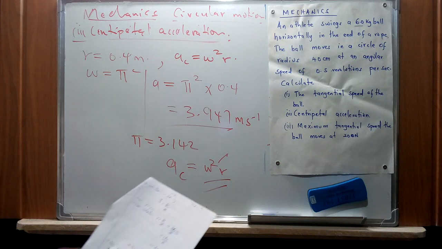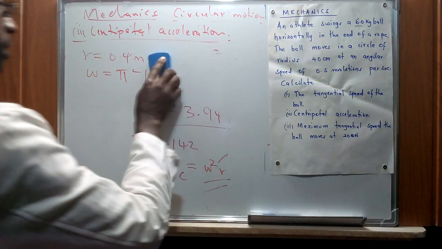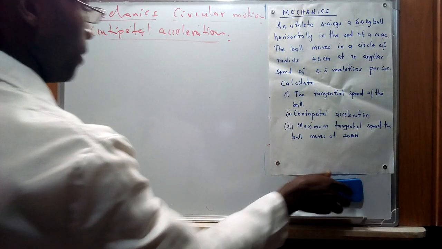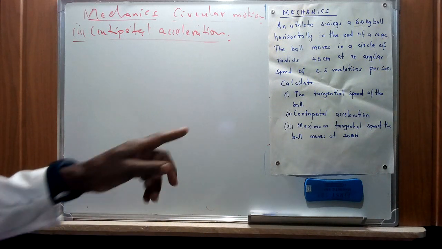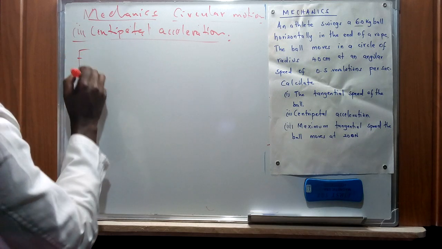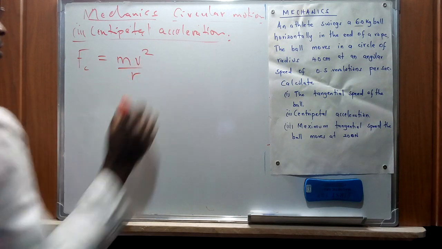Now for the last one, we're going to, of course, use also the concept that we have discussed about the centripetal force, which we have given as mv squared over r. The question says for us to calculate the maximum tangential speed the ball moves at 200 newtons. So for that case, we said that centripetal force equals mv squared over r.